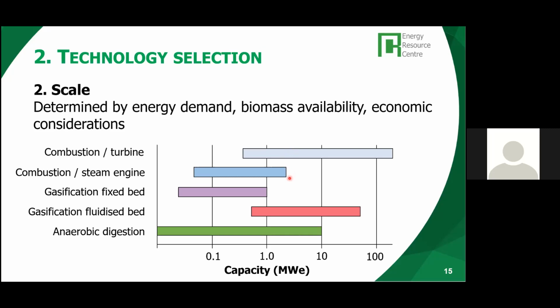You would probably need multiple steam engines, and the efficiency of steam engines would most likely be substantially lower than that of a steam turbine. So for the combustion options, I would say the turbine would be the technology of choice.